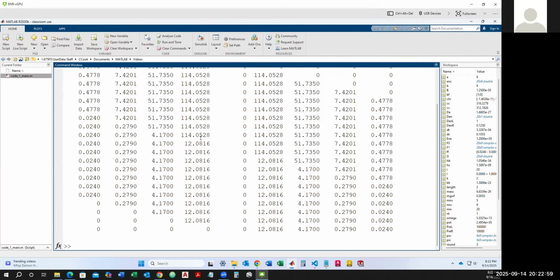So here's our F1. This is what we just computed.